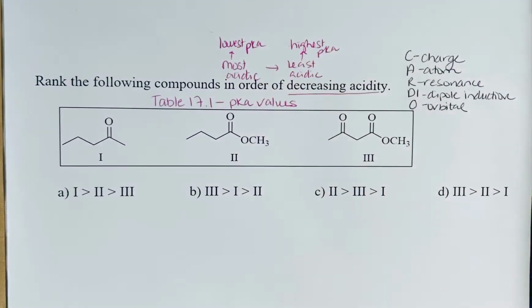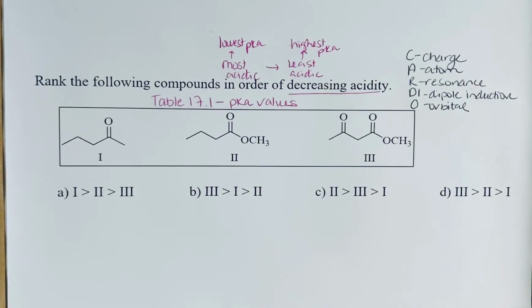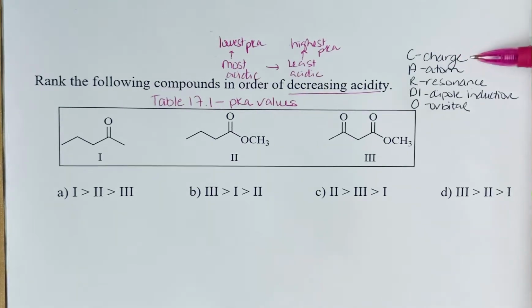If we are doing this based on the structure, we have this trend that we talked about in the first semester class, CARDIO. This gives us the relative order of importance that we should consider factors when deciding on acidity. Things like charge: seeing a positive charge should draw your eye to it, and you might think about a hydrogen attached to that positively charged atom as being more acidic.